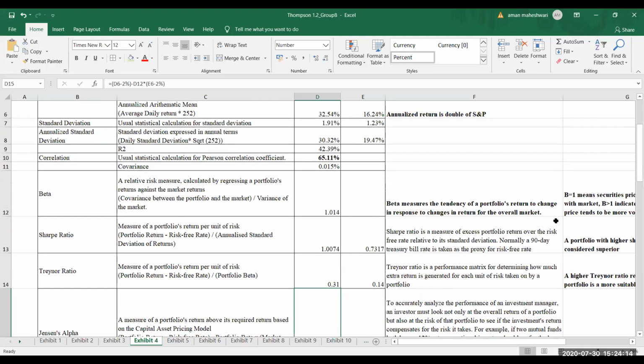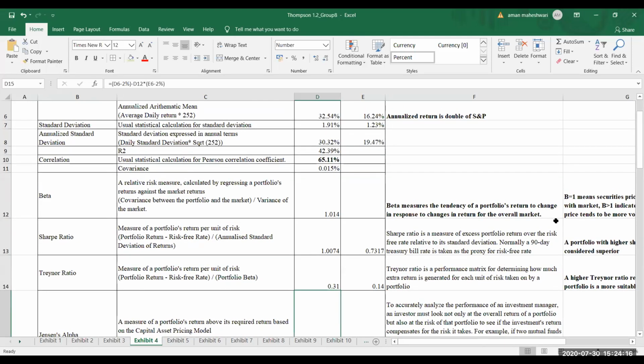Our covariance is positive, which means that our index is moving in the same direction as the S&P index. So if their returns increase, our return will also increase. You shouldn't worry that if their return increases, our return will decrease. Our portfolio will move in the same direction.